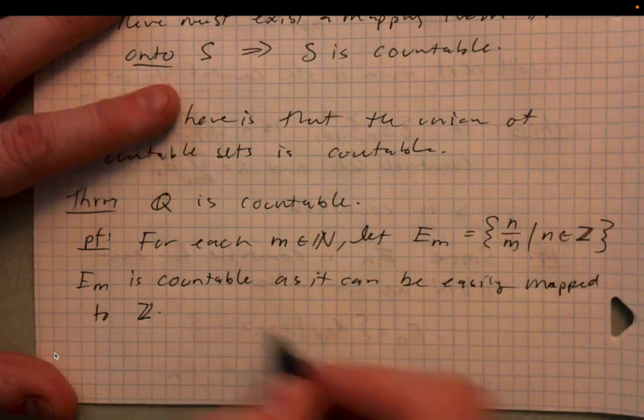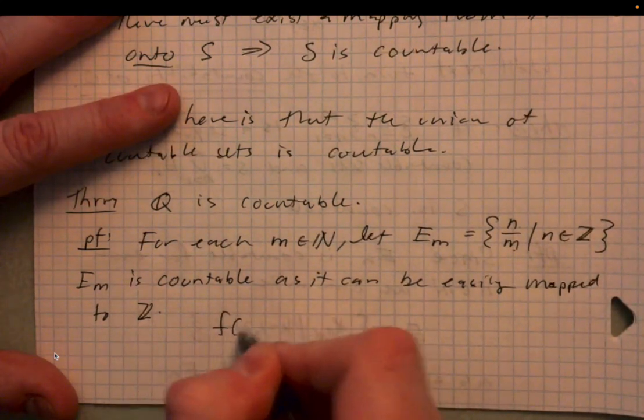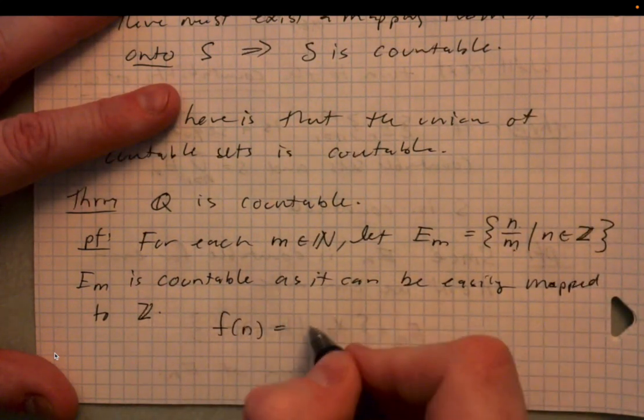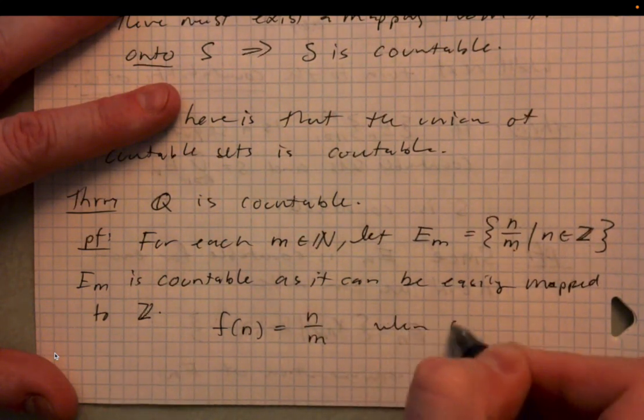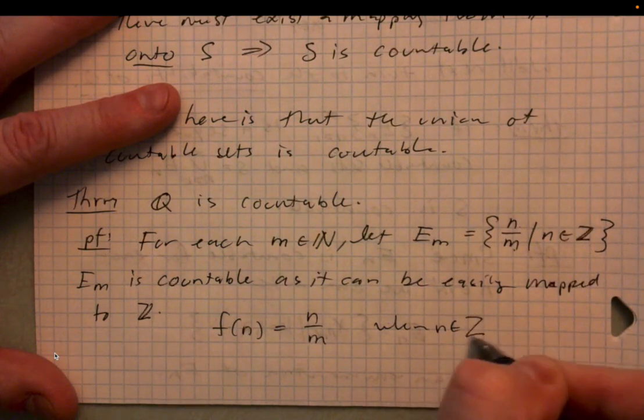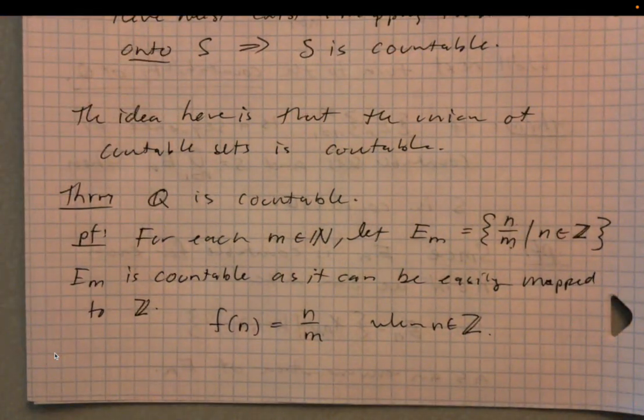So basically f of n is equal to n over m, where n is an integer. That creates a one-to-one onto mapping here.